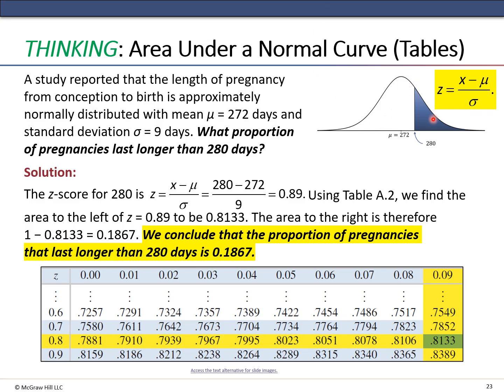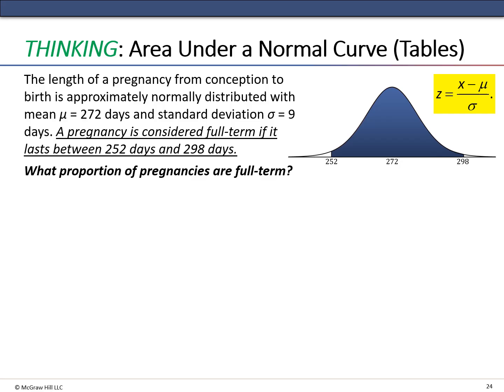If we're looking for a value to the right or a value greater than that point, we have to subtract the table value from 1. When we subtract 1 minus 0.8133, we get 0.1867, and that's why we conclude that. Tricky, eh? Be mindful of this. And luckily table A2 normally has an image of the normal curve with the area shaded to the left, so it reminds you.